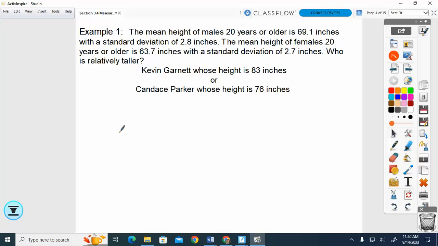So with these, a lot of times we're going to have a lot of information in here because I have the mean and standard deviation for both groups. So I recommend kind of organizing yourself. So we have men and women that we're going to look at. Okay, so for men, what was the mean?